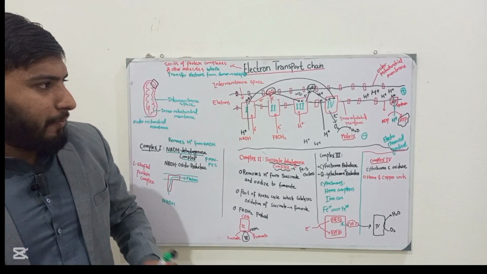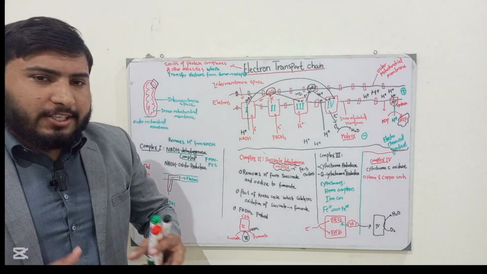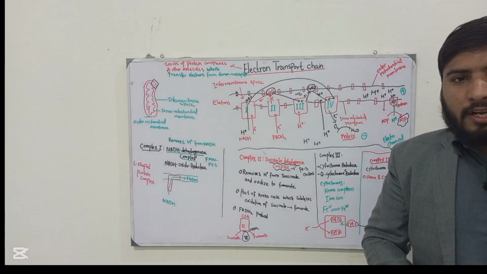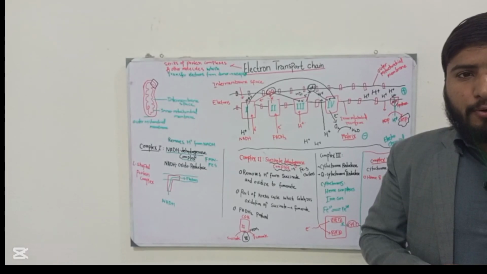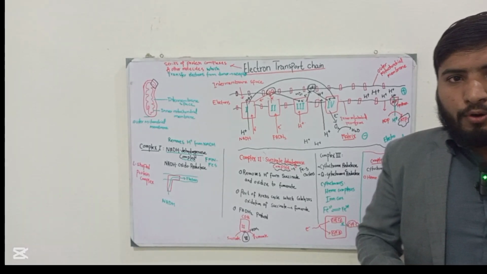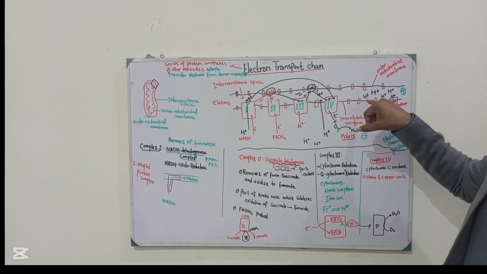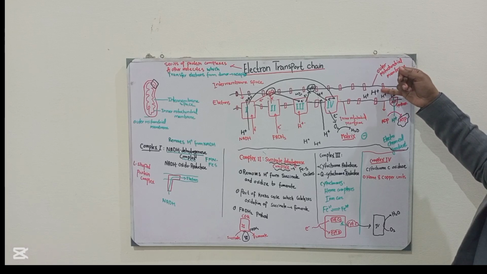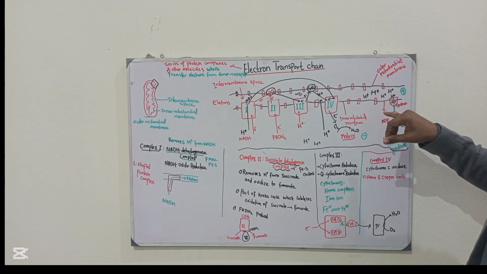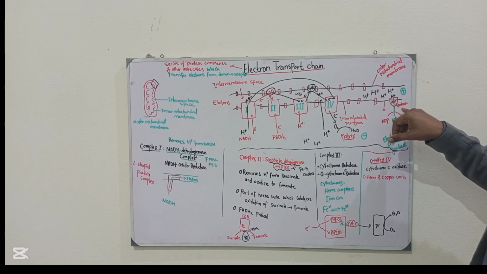Then how is ATP, the energy currency of the cell, produced? As we know, the inner membrane of the mitochondria is not permeable to ions. So to transfer these hydrogen ions back to the matrix, we need a special transporter, which is ATP synthase.